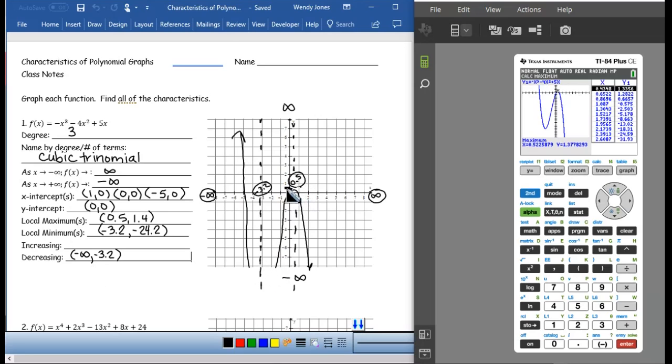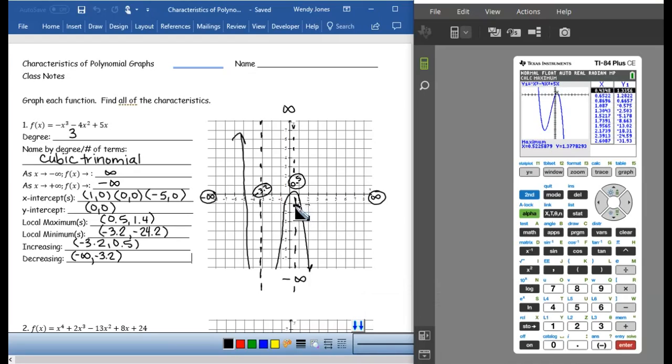This interval of increase exists between negative 3.2 and 0.5. The final interval is an interval of decrease, and it exists between 0.5 and positive infinity.